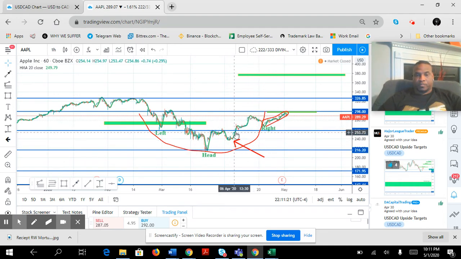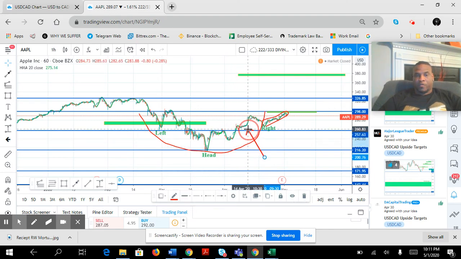Now we're up. We're good. Now you can move your stop loss into profit. Maybe on this pullback you would have hit it in profit, but you made money.